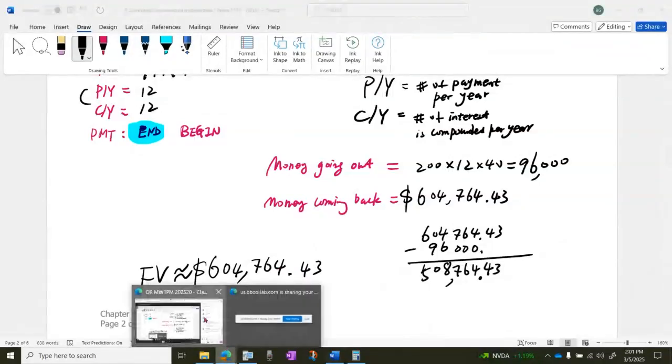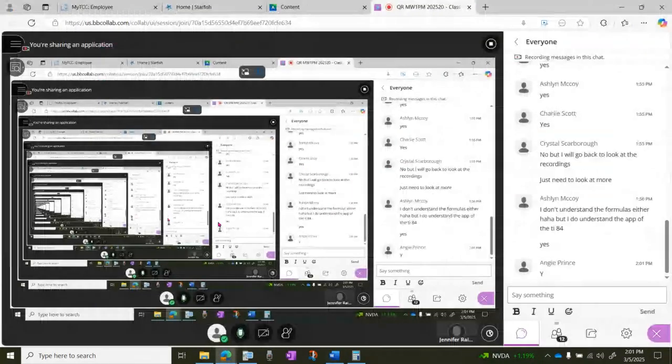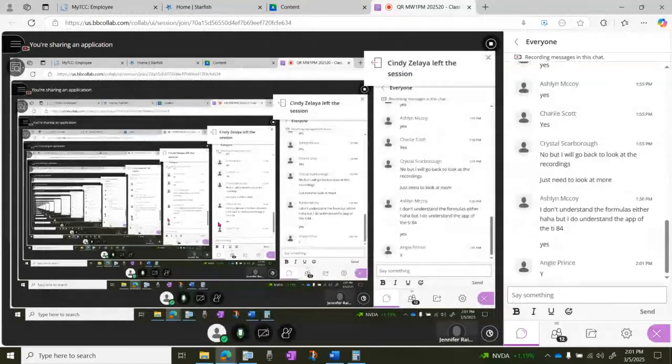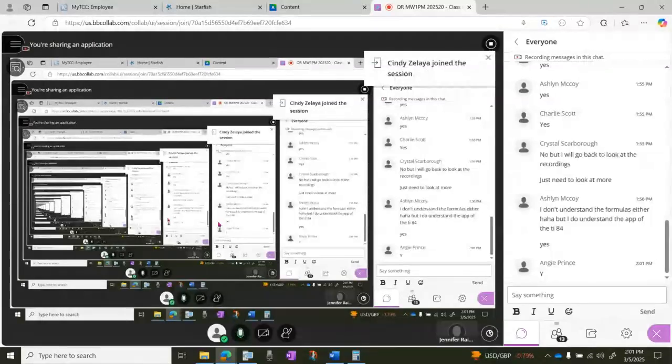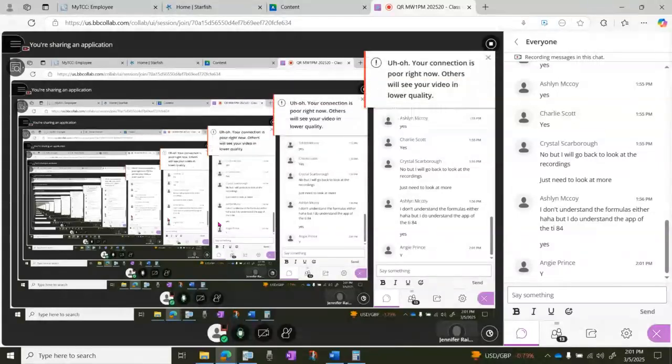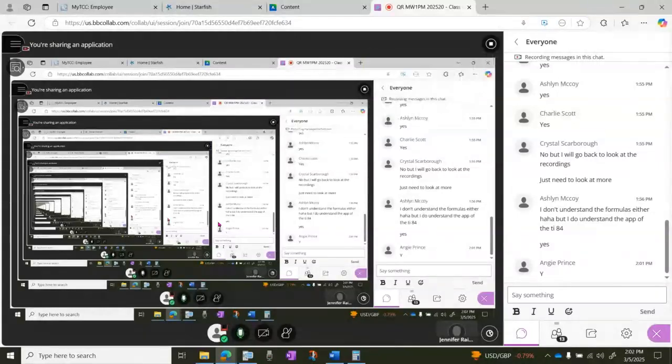Very good. Okay, perfect. As I mentioned last time, in American culture, people like to set up a financial goal. It's not like my culture, where we just save whatever we can. In this culture, you have a financial goal for when you retire, how much money you want to have in the account. Then you decide how much payment every month or every year to put in the account.